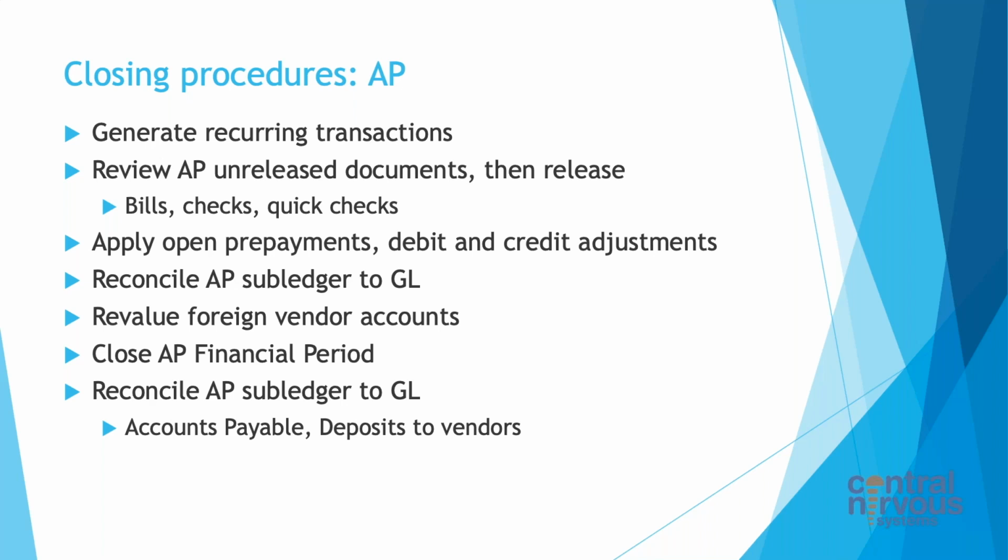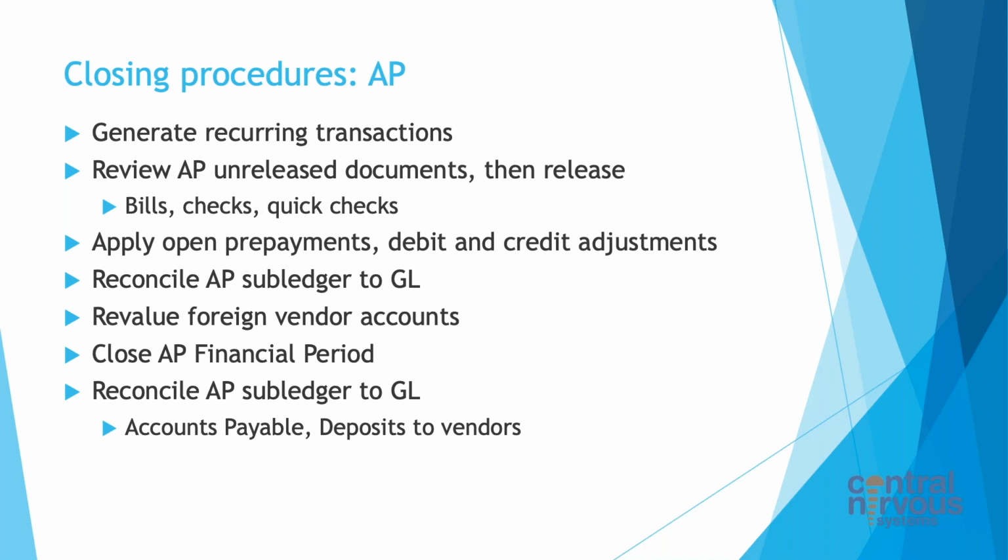We may or may not get an invoice for it. Generally we probably do, but maybe we don't. So we want to capture those and have them in the system.